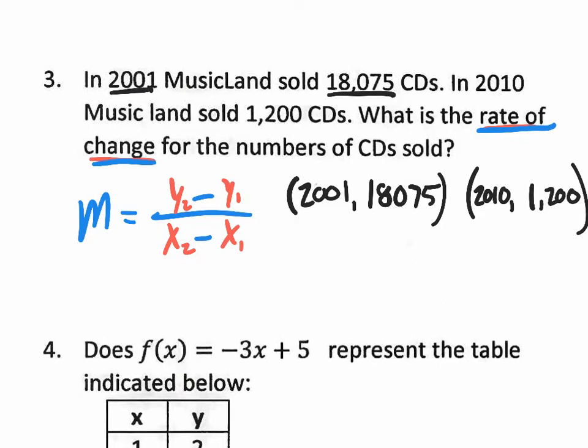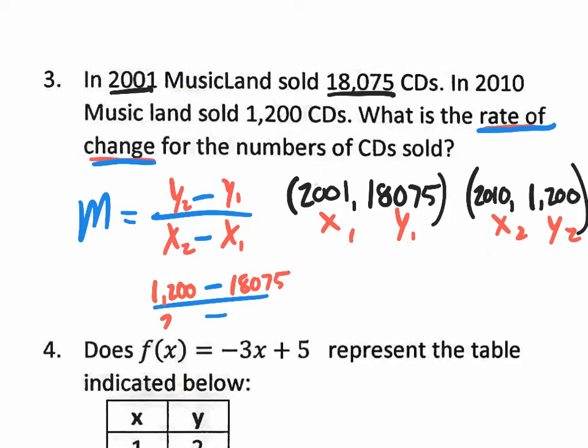So when we plug it in, let's label them x, y, x, y, first point, second point. So y2 is 1,200, y1 is 18,075, x2 is 2010, x1 is 2001. And when we subtract, on the bottom it's pretty easy, that's 9. On the top, negative 16,875, and of course that's with the calculator.